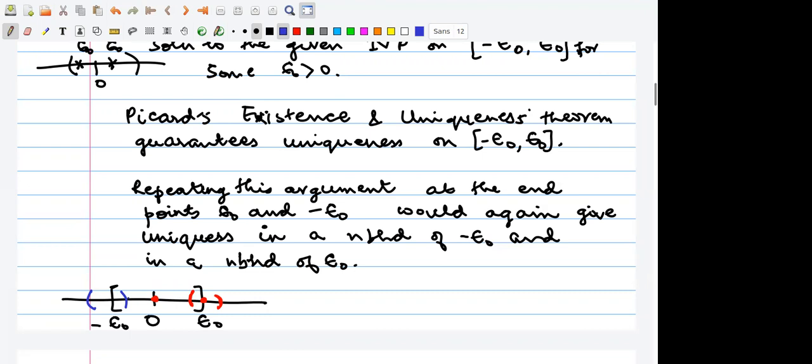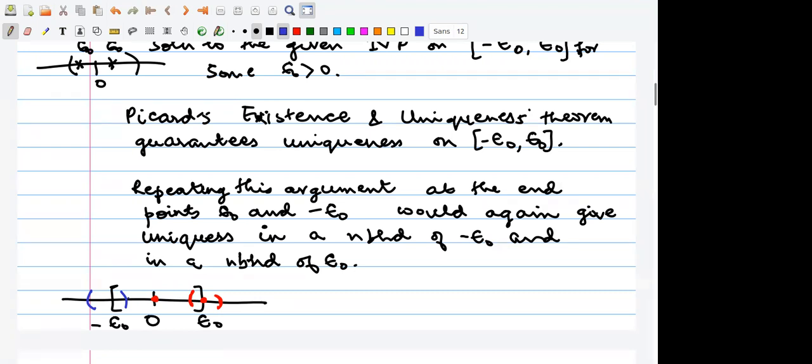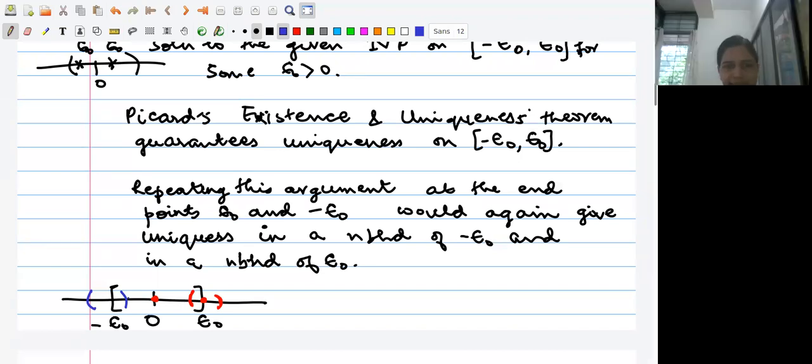Yes, ma'am. Is that okay with everybody present here? Yes. So beyond that, you cannot repeat this argument, right? That's the maximum limit possible. But how can we do its rigorous calculation? See, this is an existence argument, no?